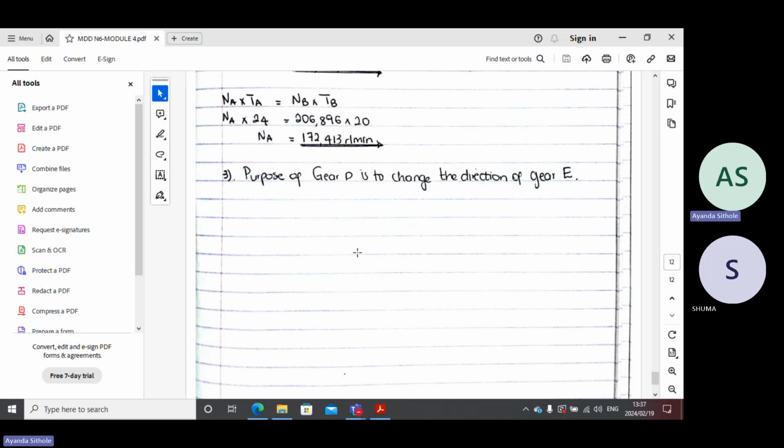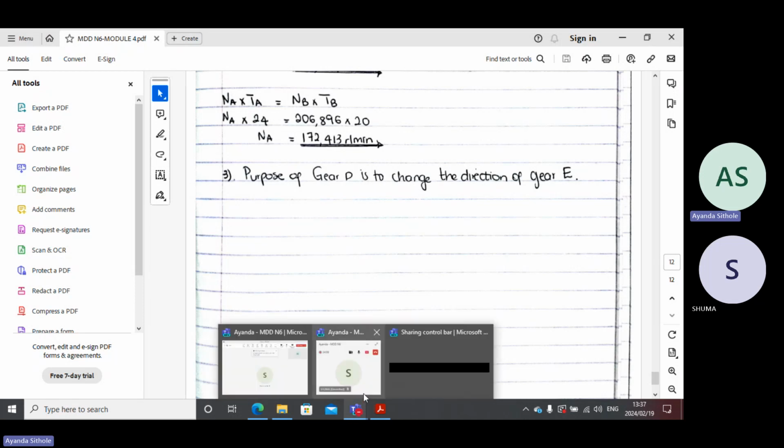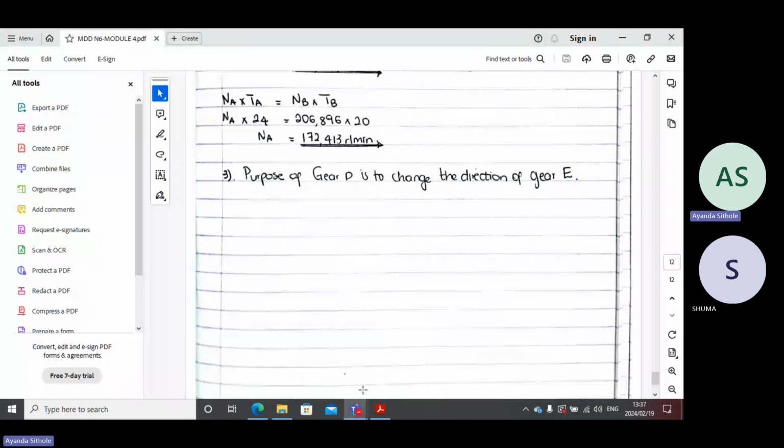But this is still like N5 revision. Some of it we've done in N5, and it's still one and the same thing.